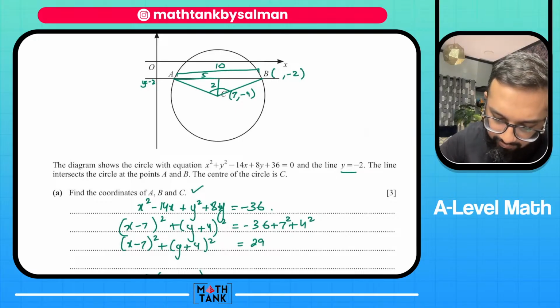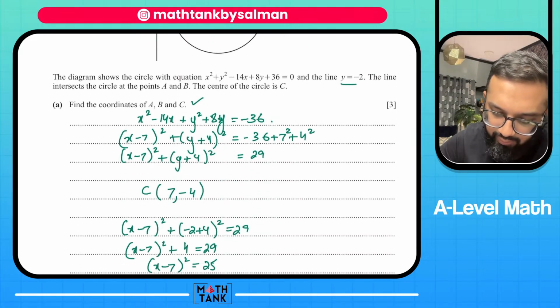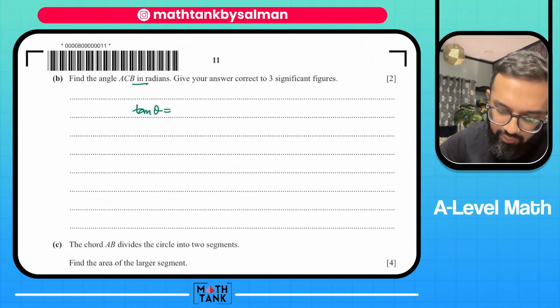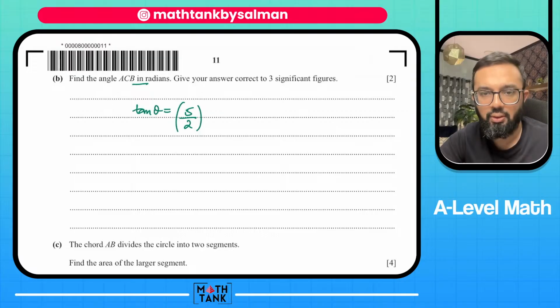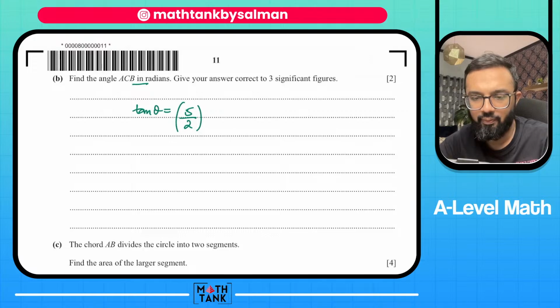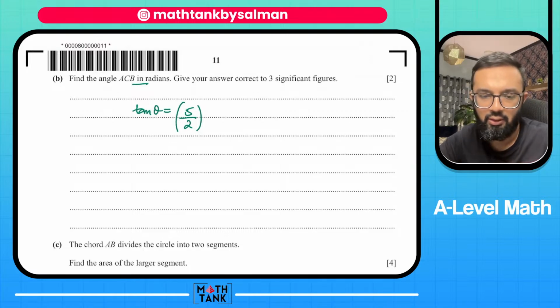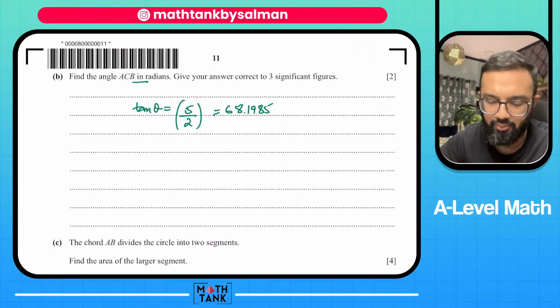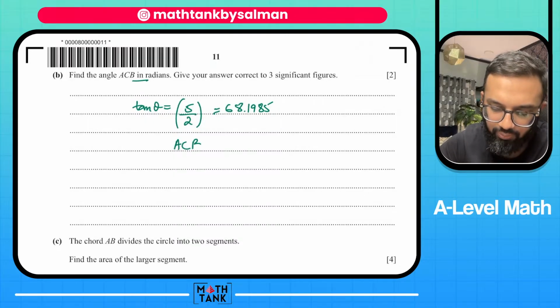I can just say that tan theta equals opposite over adjacent, so inverse tan of 5 over 2. And then you double that angle. 68.1985. You multiply it by 2. So ACB should be 136.3972, so about 136 degrees.